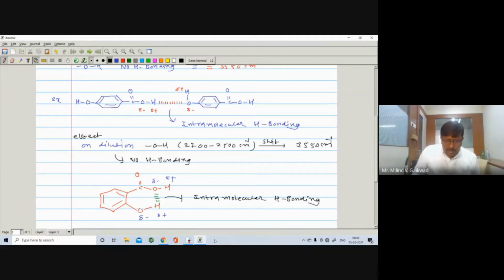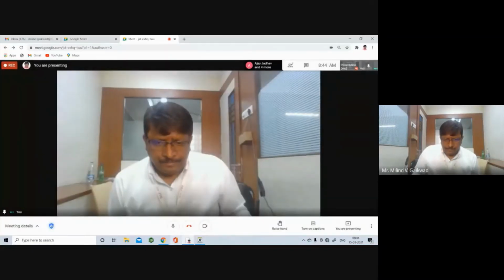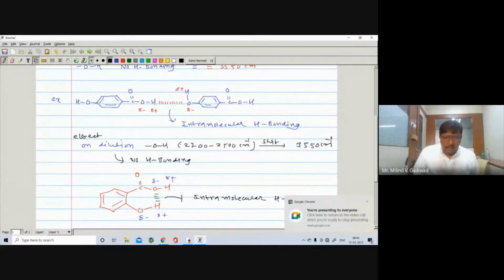So in this intramolecular hydrogen bonding, the band that you get in this case is that the CO will appear at 1665 centimeter inverse.